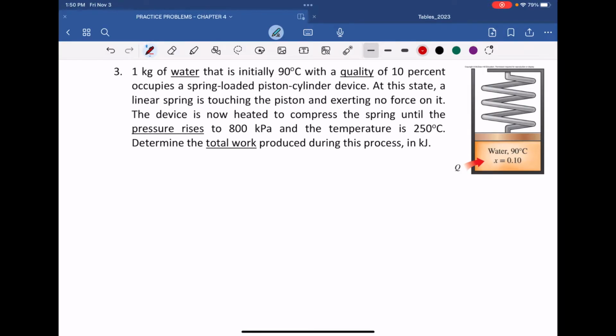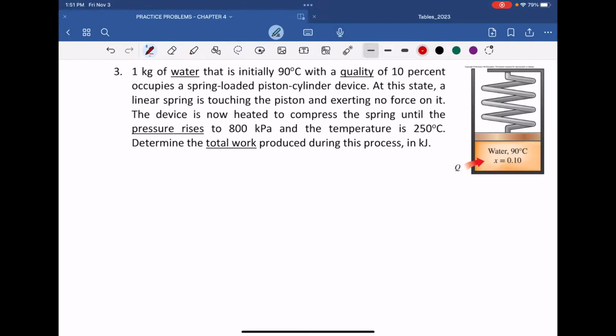One kilogram of water, initially 90 degrees Celsius with a quality of 10%, occupies a spring-loaded piston cylinder device. At this state, a linear spring is touching the piston, exerting no force on it.